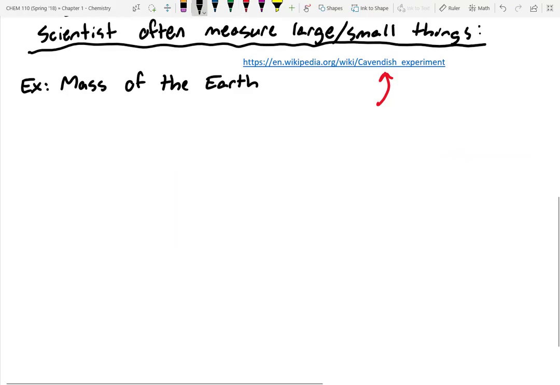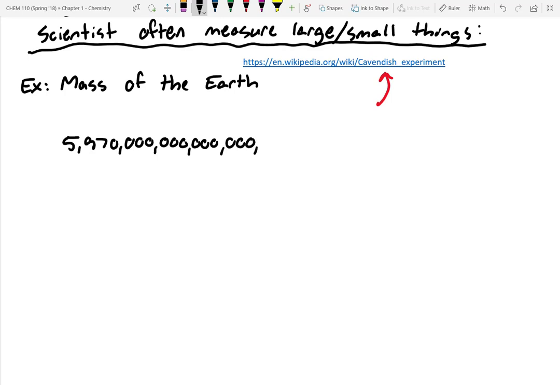And what they determined was that the mass of the Earth is incredibly big, as you can imagine. It's 5970, and then let me count. This many grams.